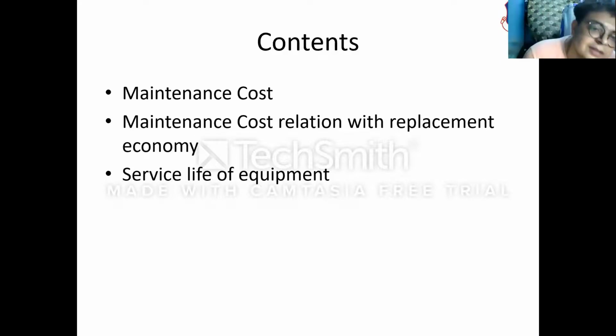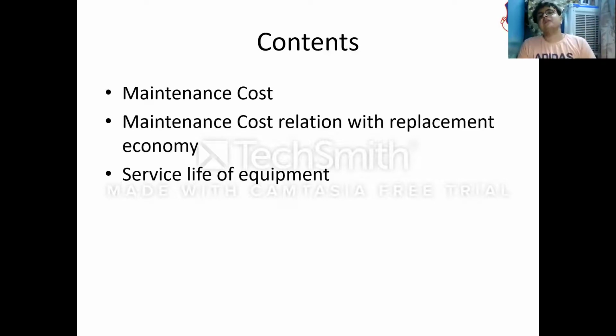Next is the service life of the equipment. Means what is the service life of the equipment? Means what is the design life? We can say that how much time it can be used and it can perform properly. The time, the duration of the equipment or any object within which it performs its duties properly without any kind of damage, and that is specified by the manufacturer.